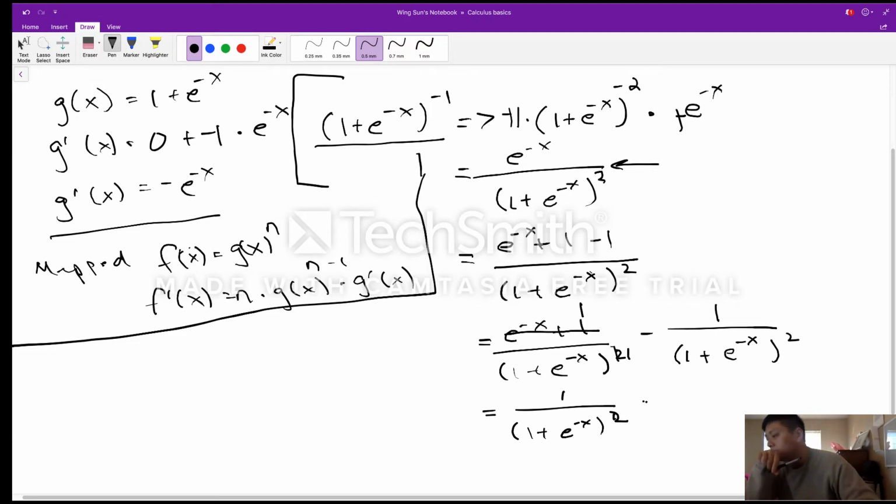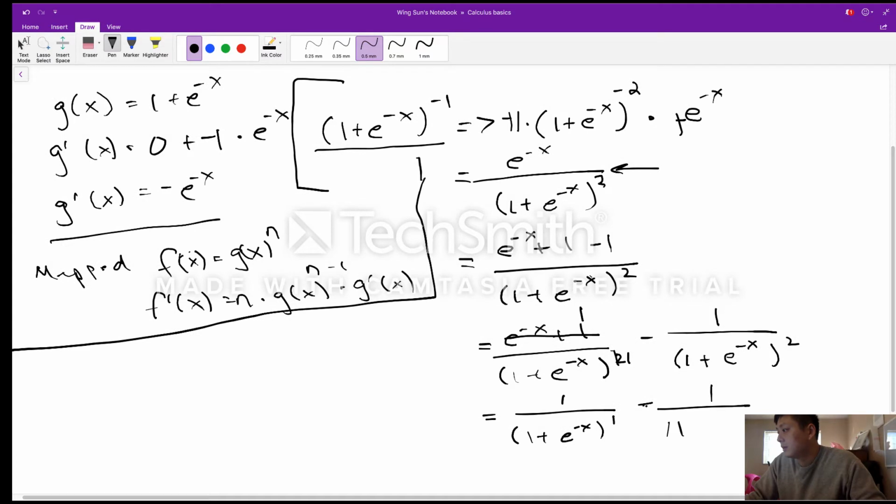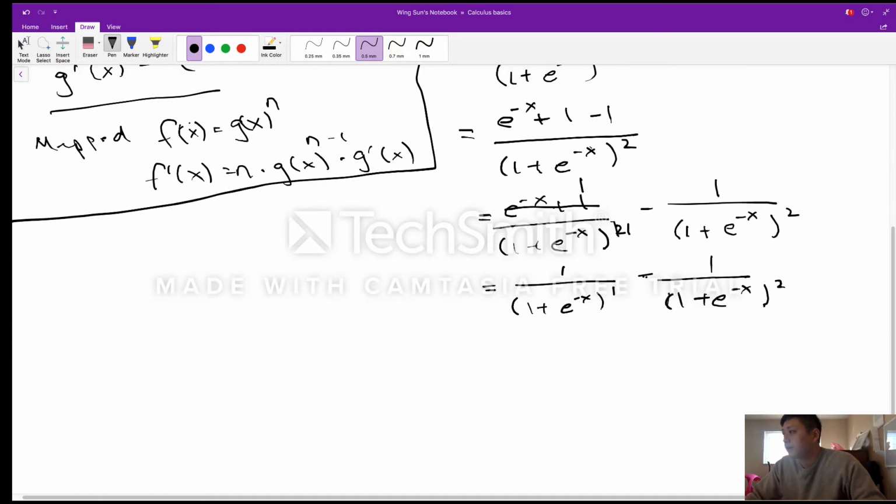That doesn't look right to me. Oh, I know why. And then minus 1 over 1 plus e to the negative x squared. Okay, so now what I can do is factor out the common denominator, right?